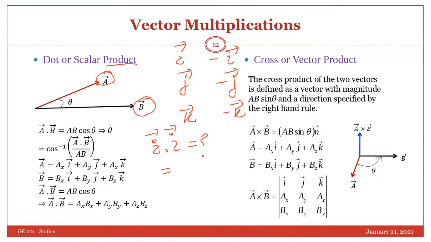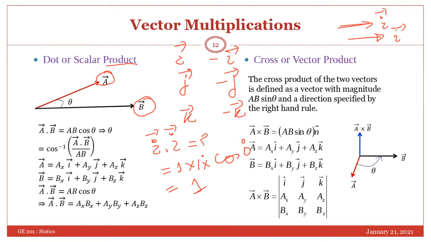So the magnitude of A is 1, the magnitude of B is 1, and the angle between the two vectors, which are parallel, is definitely 0 degrees. So it will be 1 into 1 into cosine of 0. Cosine 0 is also 1, so when you multiply these three, the answer will be simply 1.